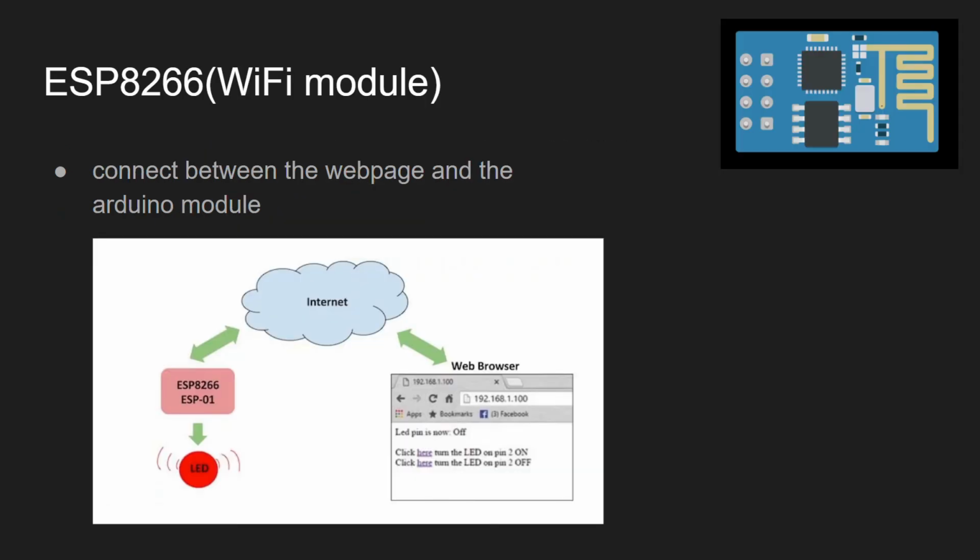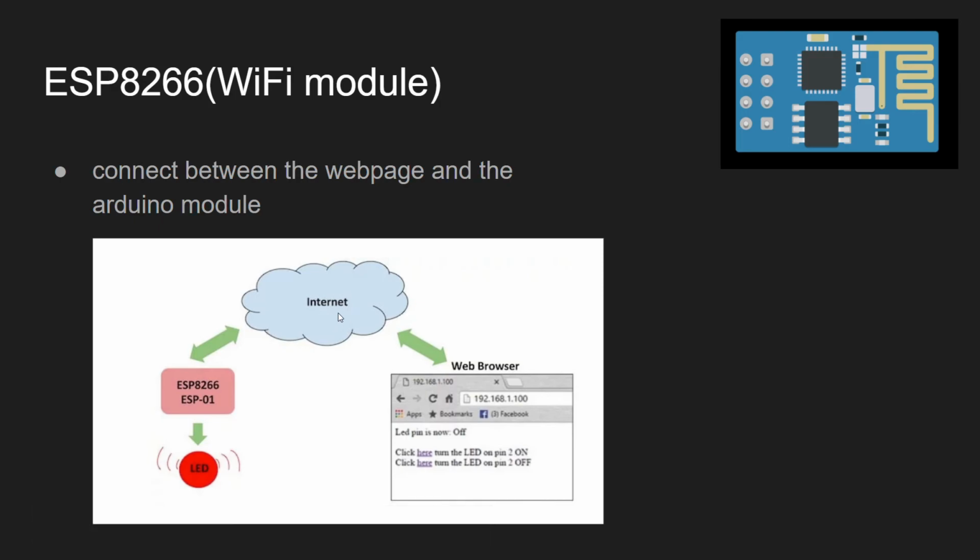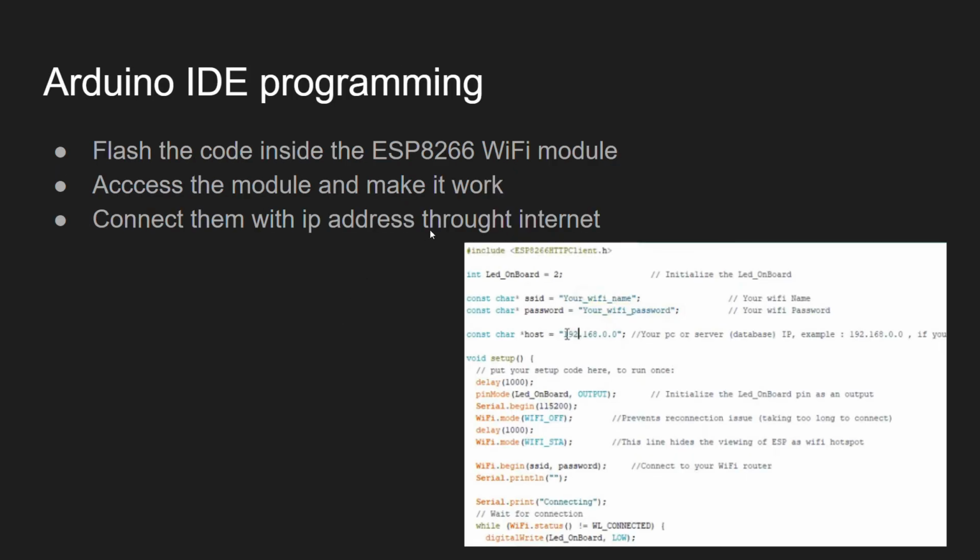And the ESP8266 mentioned before is used to connect the Arduino and the web page through the internet, and the PHP code will help find those data on the website and put it into the database on your localhost.